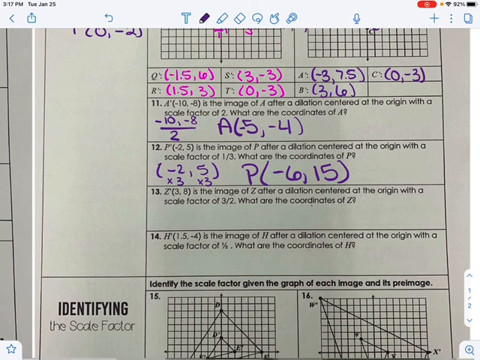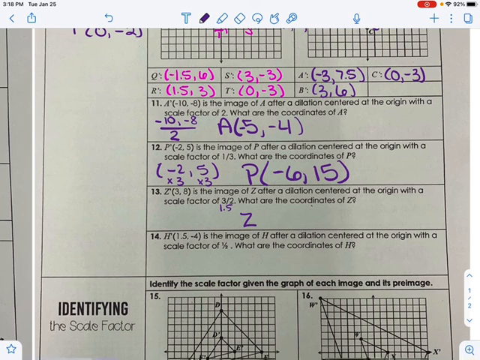And let's try one more. Z prime is at 3/8, and that's after the dilation with a scale factor of 3/2. What are the coordinates of Z? So again, 3/2 is 1.5, which means our original is going to be bigger. So let's see here, Z. So, I'm sorry, original's not going to be bigger.